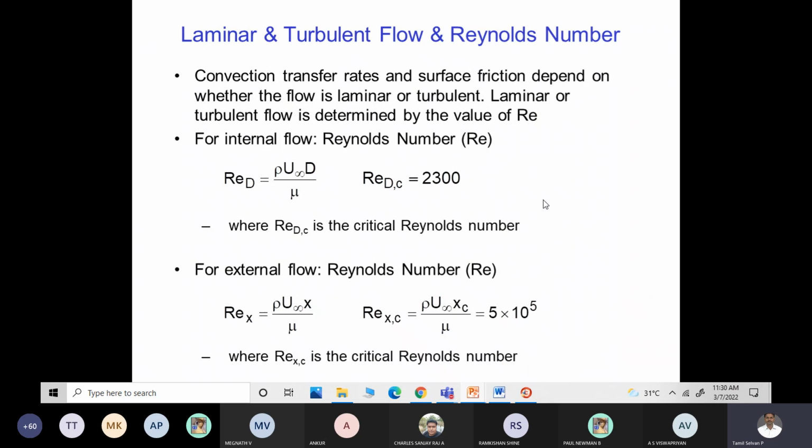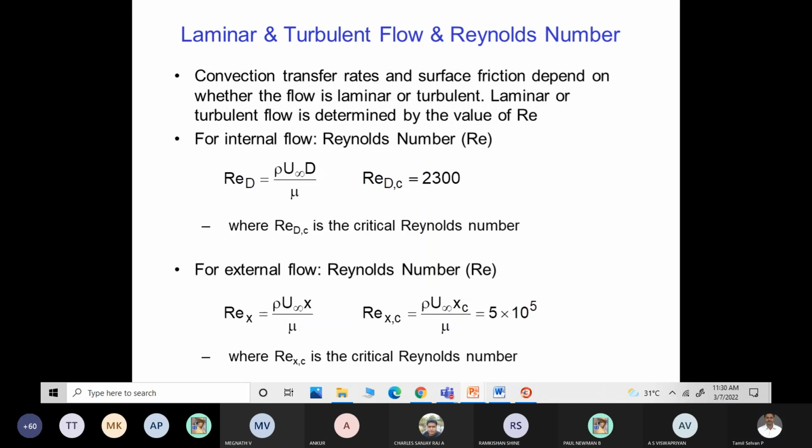For internal flow, inside cylinders or tubes, the critical Reynolds number is 2300, and for external flow over a flat plate, the critical Reynolds number is 5 into 10 power 5. The Reynolds number is inertia force by viscous force.